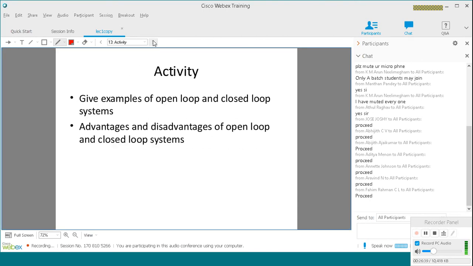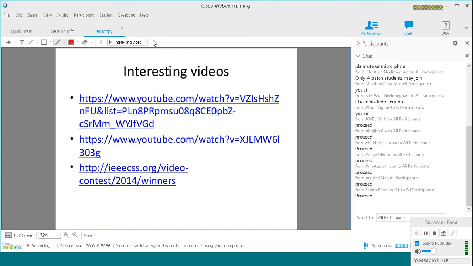So the activity of the assignment which I suggested: with examples of open loop and closed loop systems, give advantages and disadvantages of open loop and closed loop systems. You can see interesting videos. This first link is the videos given by MATLAB. They also give a physical example of control system, open loop system and closed loop system.